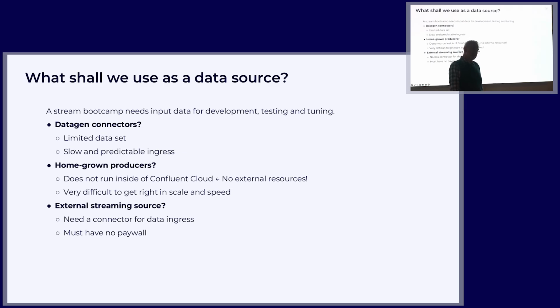Well, I could make data up myself. There is a data gen connector built into Kafka that allows you to generate stuff. These things are highly predictable. They have a very small data set typically in there. They have a few fields in that. Reference integrity between different bits and pieces is difficult. And it's slow and predictable in coming in data. So you learn the mechanics. You don't learn anything else from it.